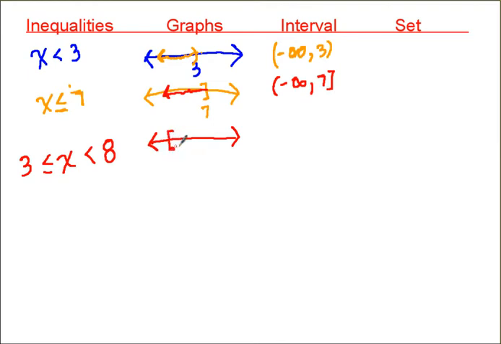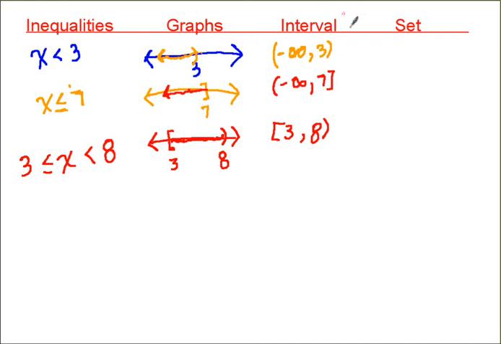We draw it the other way this time. I have an open bracket at 8, so 3 here, 8 here, and then everything in between is shaded. And here, close bracket at 3, open bracket, parenthesis at 8. There we go. And we're all set.